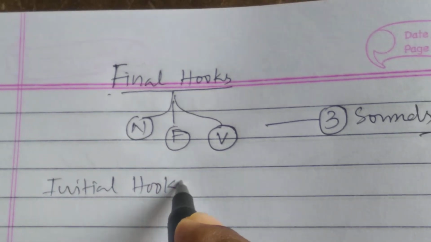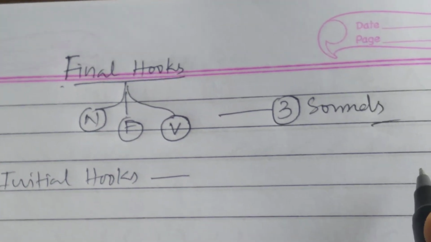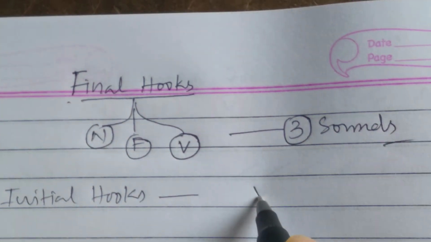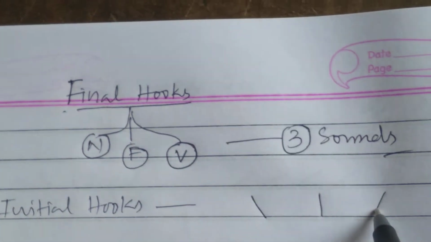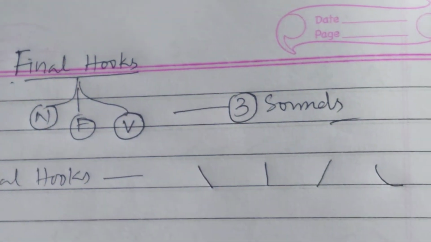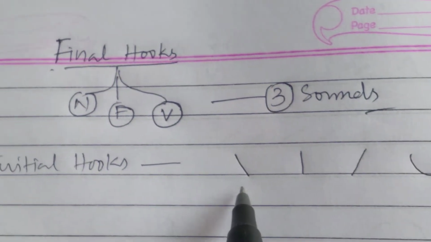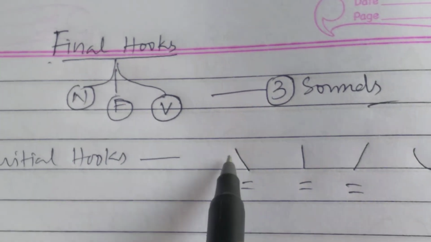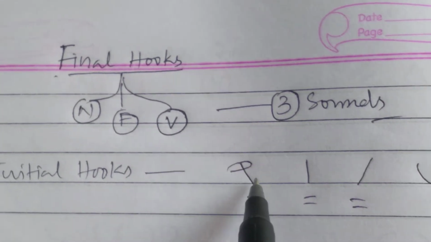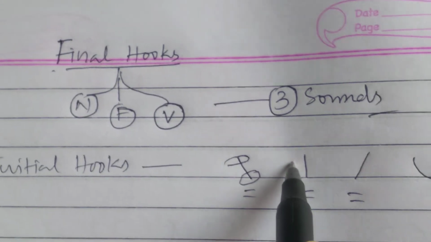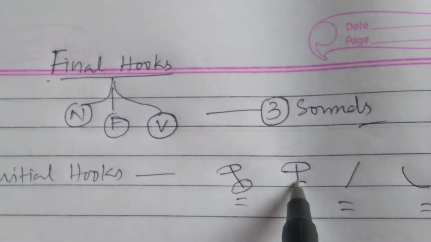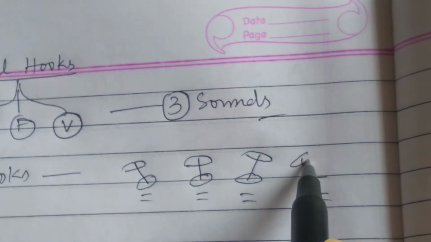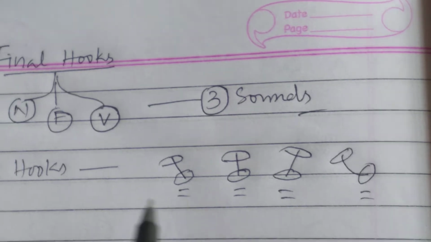Already we learnt initial hooks. First of all, we have to know where is the initial place and where is the final place. This is a stroke. These are all strokes. Now we have to find where is initial and where is final. We know very well this is initial, final, initial, final, like that.